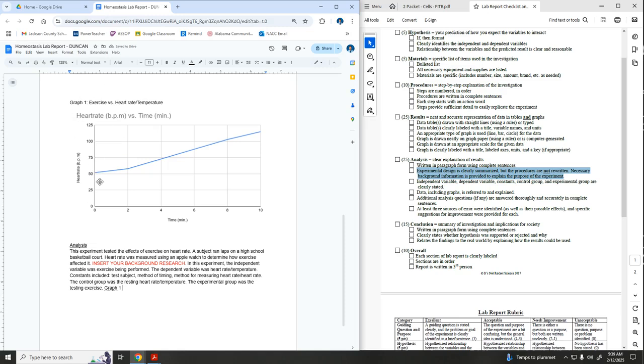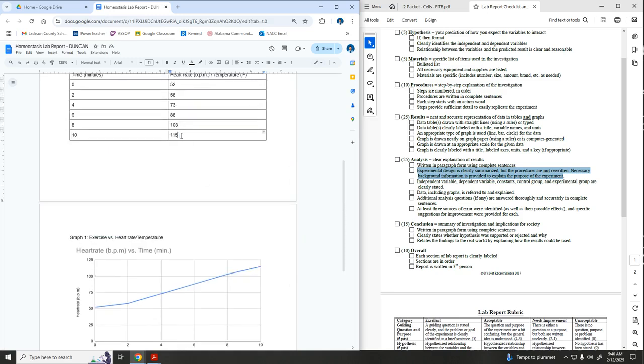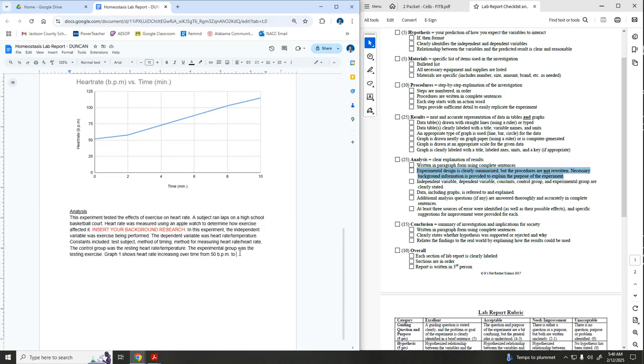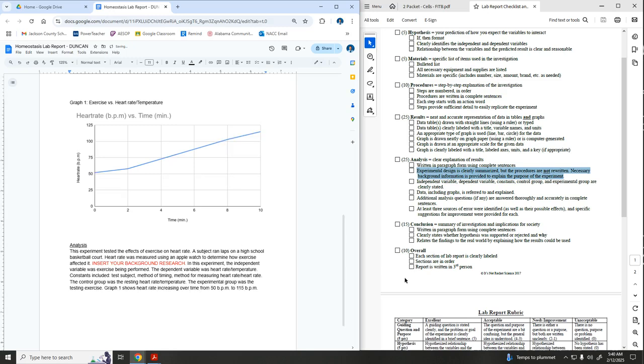So graph 1 in my graph shows heart rate increasing over time from, and I'm starting out around 50 beats per minute, to, looks like I go up to about 115, but I can go up here and look and see, yeah, it was 115. You just explain what it was that your graph did, what it said.